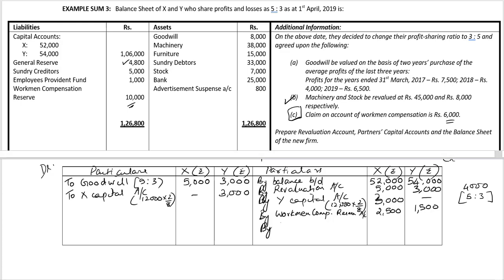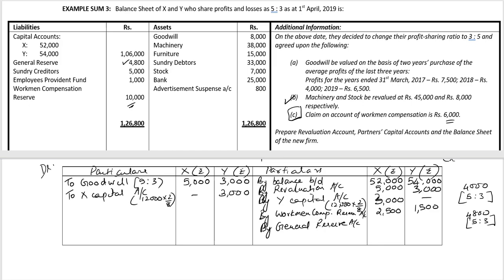By general reserve, we'll distribute this in the old ratio, 4,800 in 5:3. 3,000 for X and 1,800 for Y. There's an advertisement suspense over here, a fictitious asset which needs to be written off.